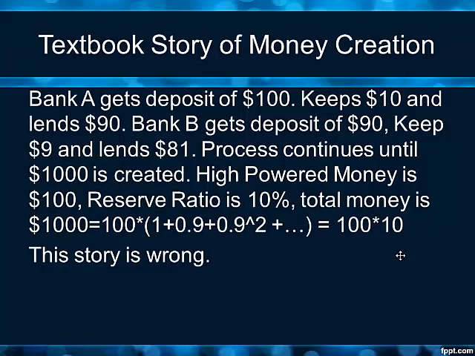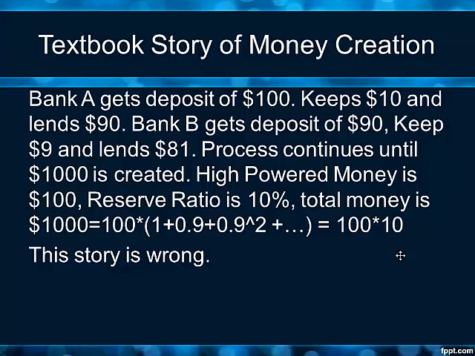Alright, now we get to the textbook story of money creation, which is wrong. Basically the textbook story says that a bank receives a deposit of $100, so now it has $100 in its hand. In order to meet reserve requirements, it keeps $10, because the reserve requirement says that if you have deposits of $100, you must have 10% cash.